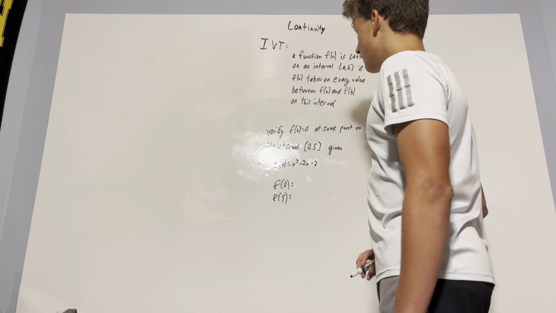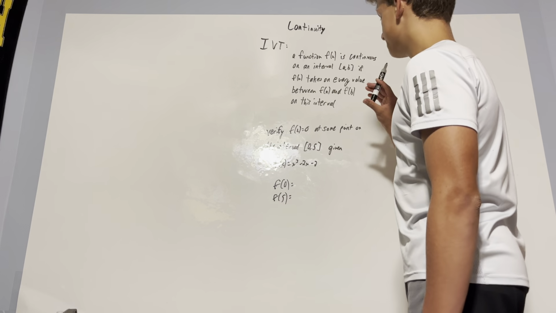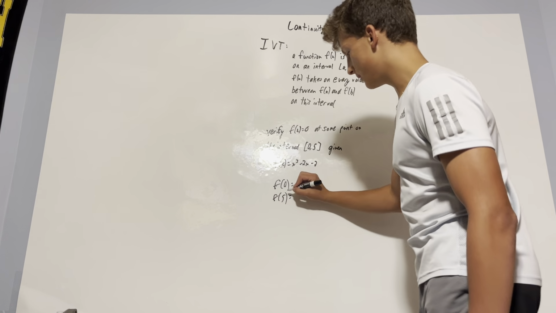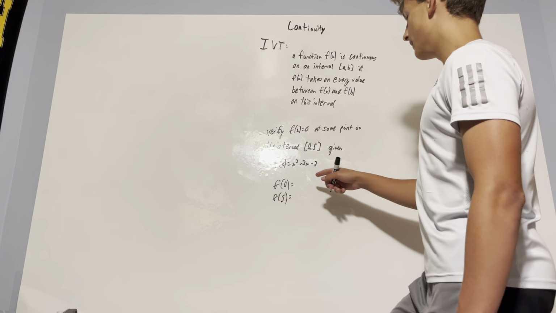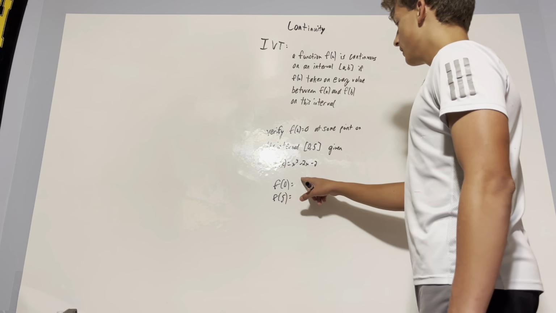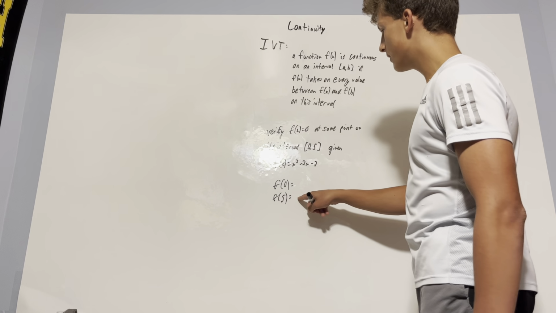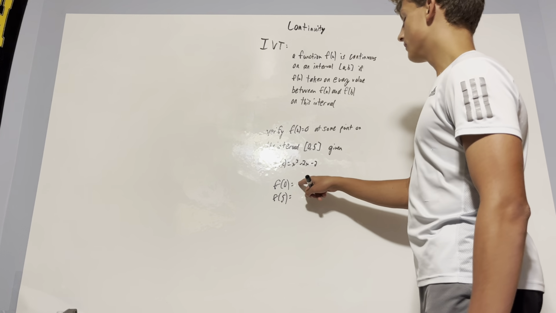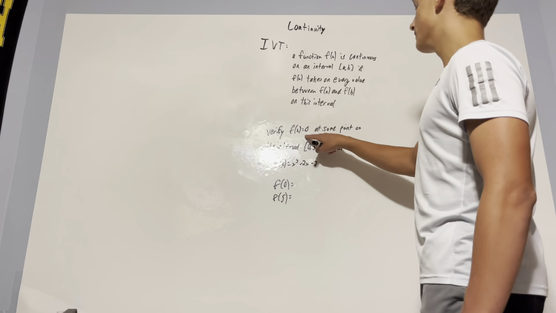So since it's continuous, we can now look at what f of 0 and f of 5 are equal to. As long as f of 0 is less than 0 and f of 5 is greater than 0, or f of 0 is greater than 0 and f of 5 is less than 0, we can verify this statement.